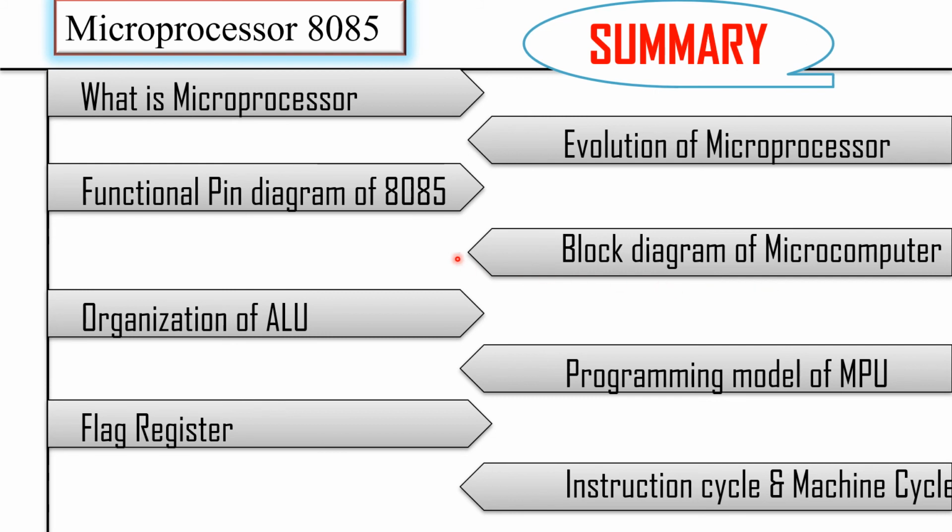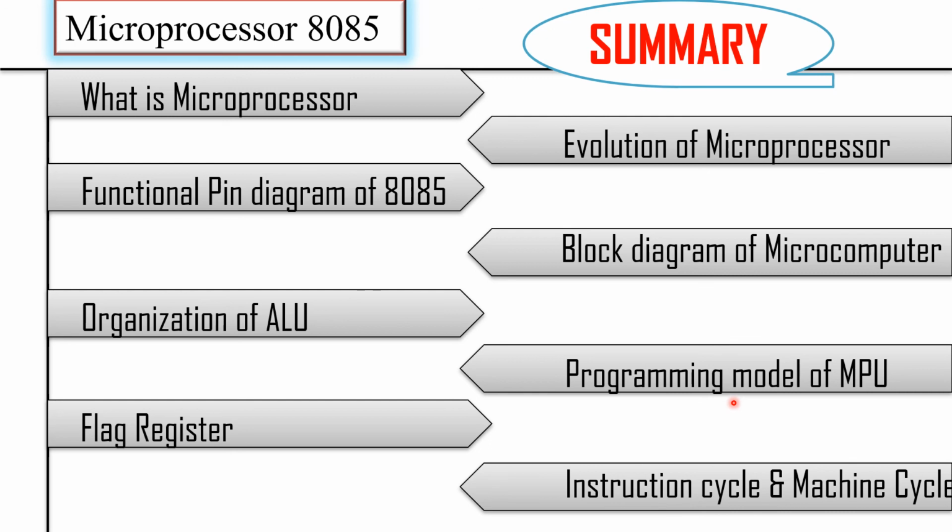Then the organization of the ALU, that is the arithmetic and logic unit. Next was the programming model of the MPU or CPU, which is very important while programming. We have seen each register in detail.